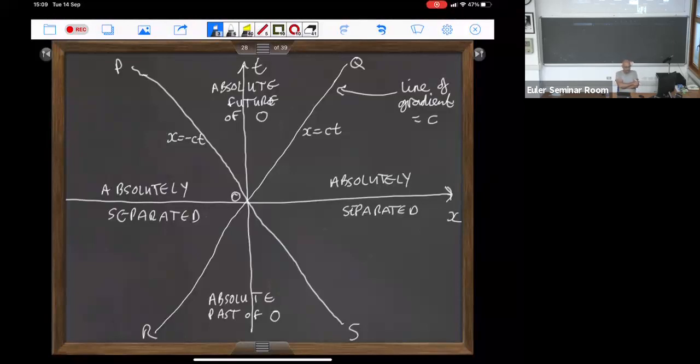Because in order to get outside of the future light cone of O, you would have to travel faster than the speed of light. Not possible. So you see that this classification of intervals into space-like and time-like leads to this structure, and we sometimes call these things space-time diagrams.